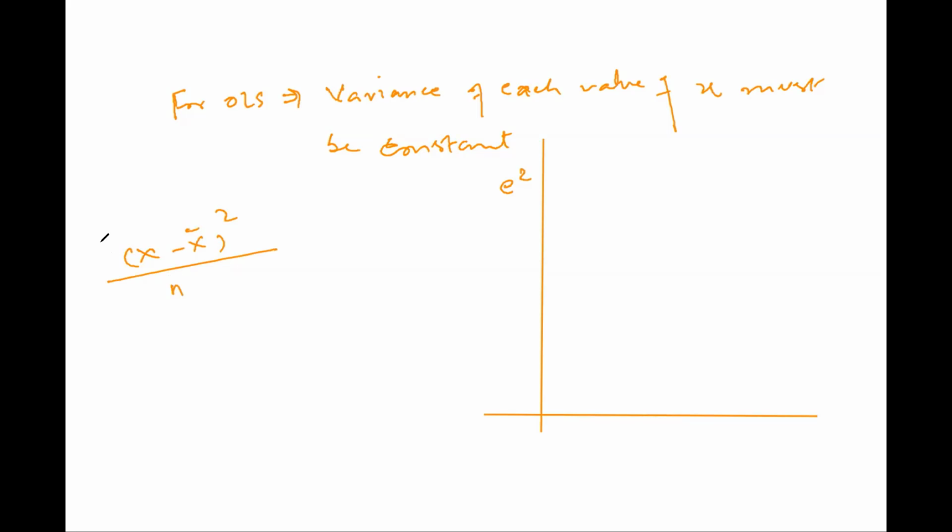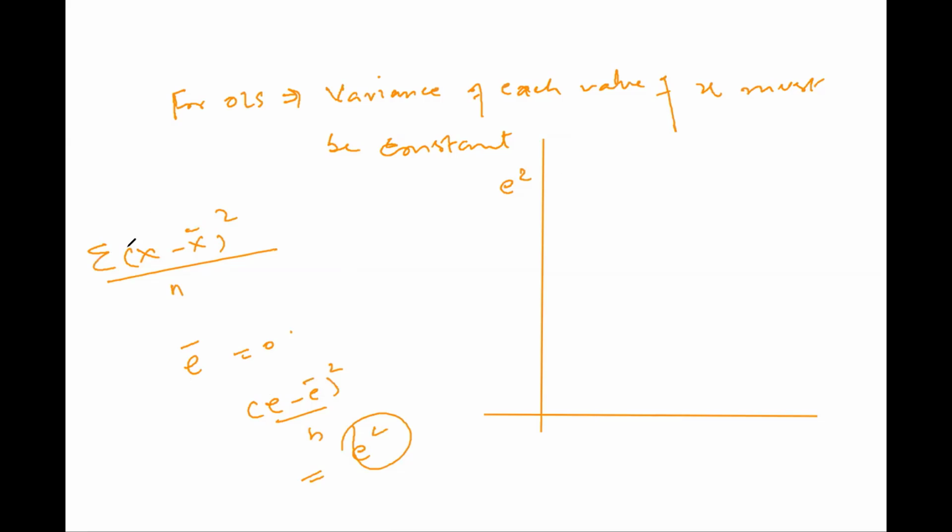We already know E bar is 0, so we would have E minus E bar whole square over n. Rather than do this, we say E square, because E bar is 0, so E square is the only portion that is changing.